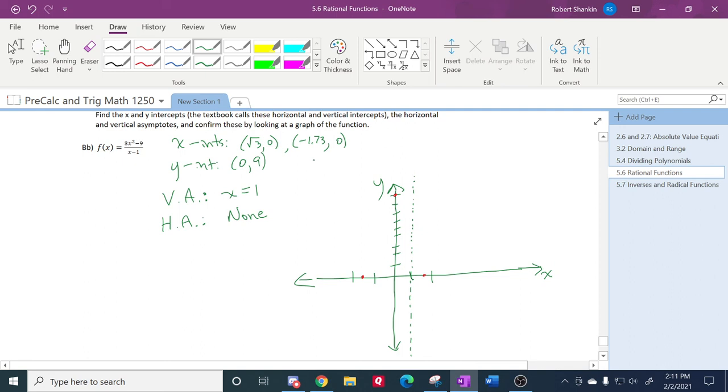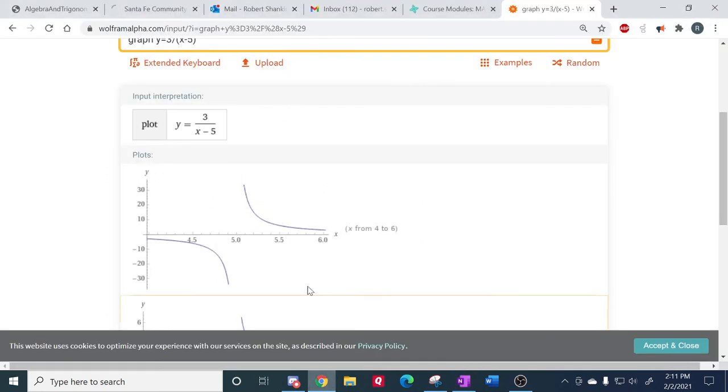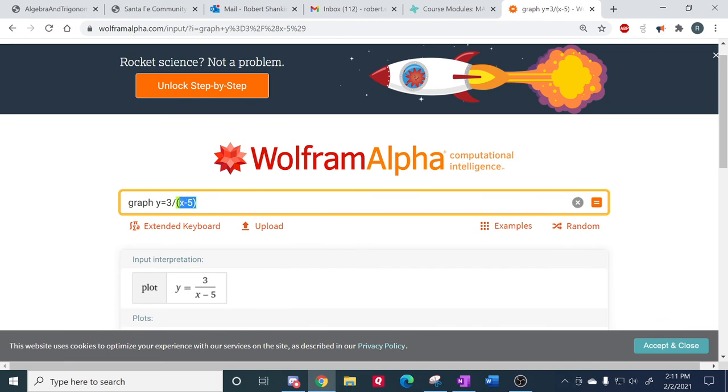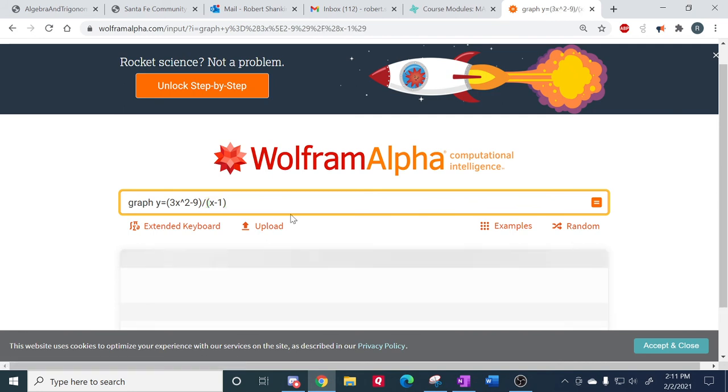Let's see if this information is consistent with what I get in Wolfram Alpha. 3x squared minus 9 divided by x minus 1. Hit enter.